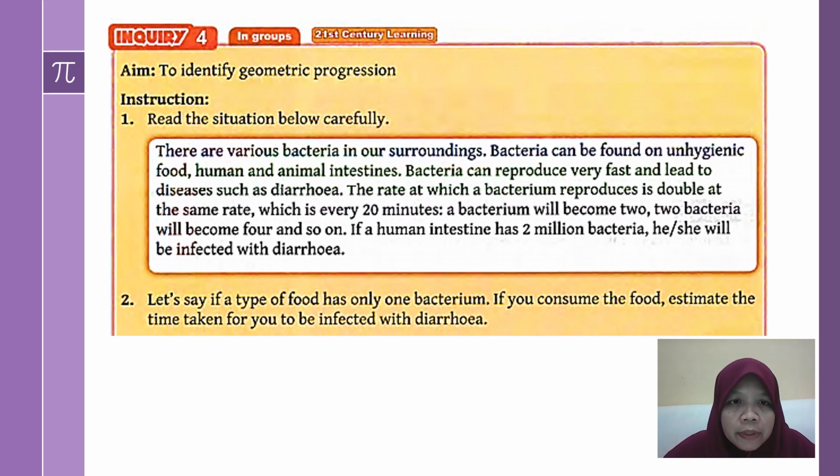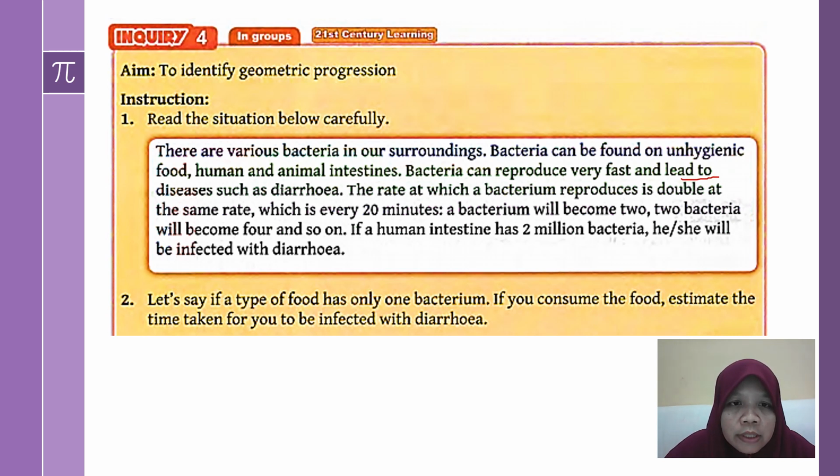We read the situation first. There are various bacteria in our surroundings. Bacteria can be found on unhygienic food, and in human and animal intestines. Bacteria can reproduce very fast and lead to disease.